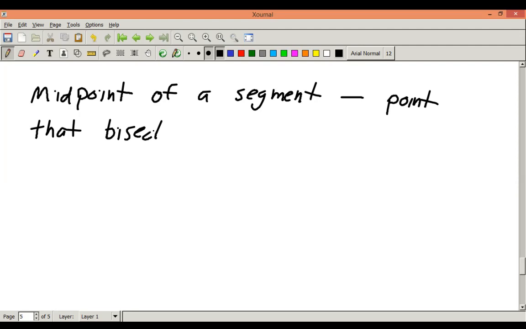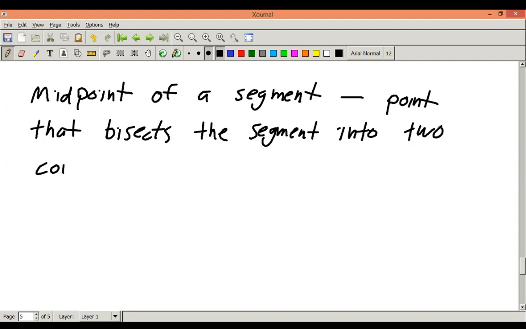Here's another vocab word for it. Bisects means to cut into two equal pieces. Bi means two. So the midpoint of a segment is a point that bisects the segment into two congruent pieces. So that's the midpoint of a segment.